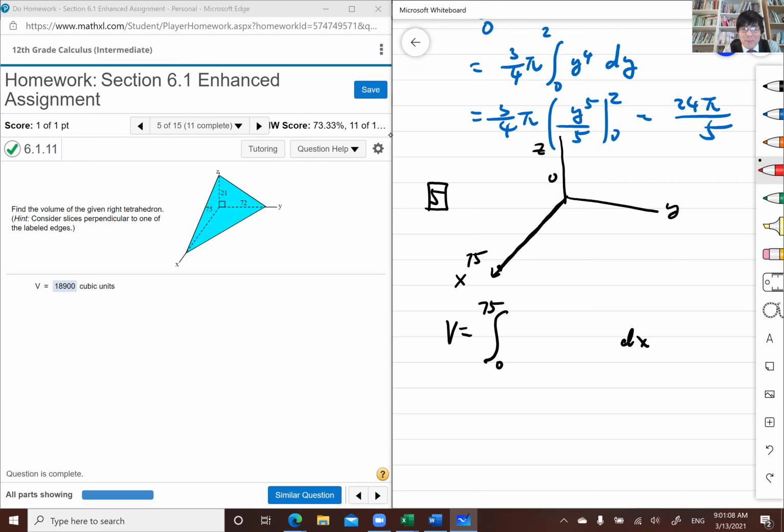So just pick a random point along the x-axis, and we are interested in the shape of the cross section. Now we know this is 21, it's here, and here's 72, like this. So if you look at the plane perpendicular to the x-axis that goes through this point, then the cross-sectional area looks like this.